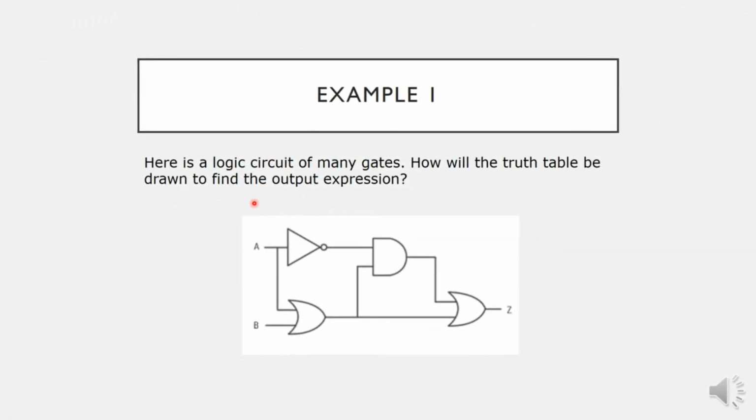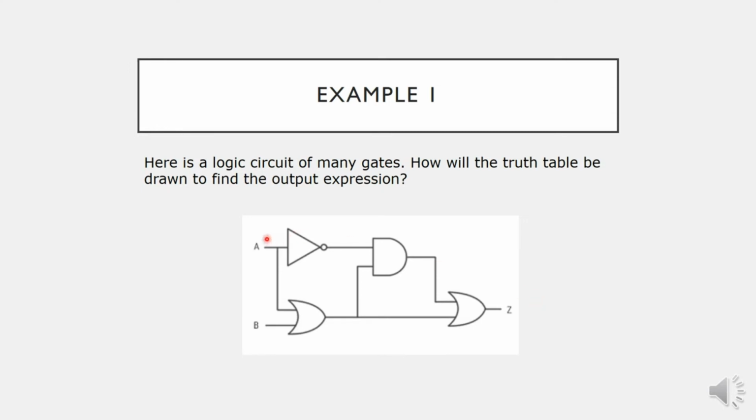Alright, let's look into an example. Here is a logic circuit with a number of gates. We have one NOT gate, 2 OR gates, and 1 AND gate. How will the truth table be drawn to find out the logic expression for this circuit?